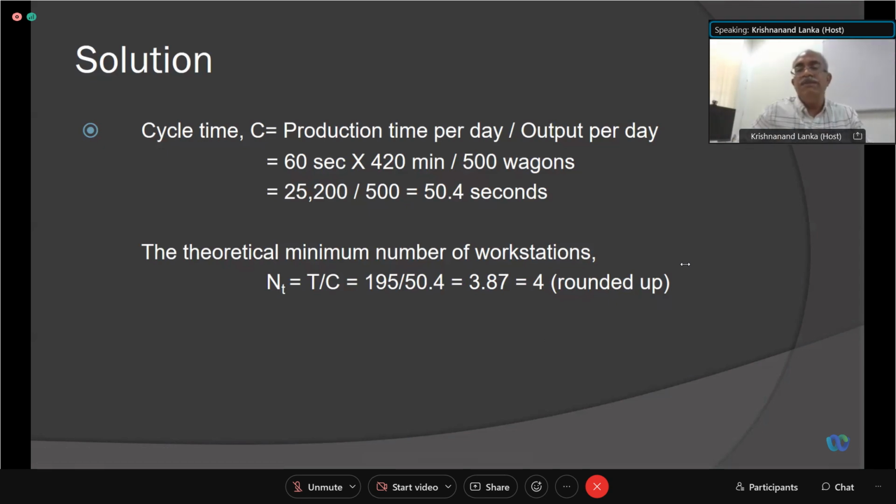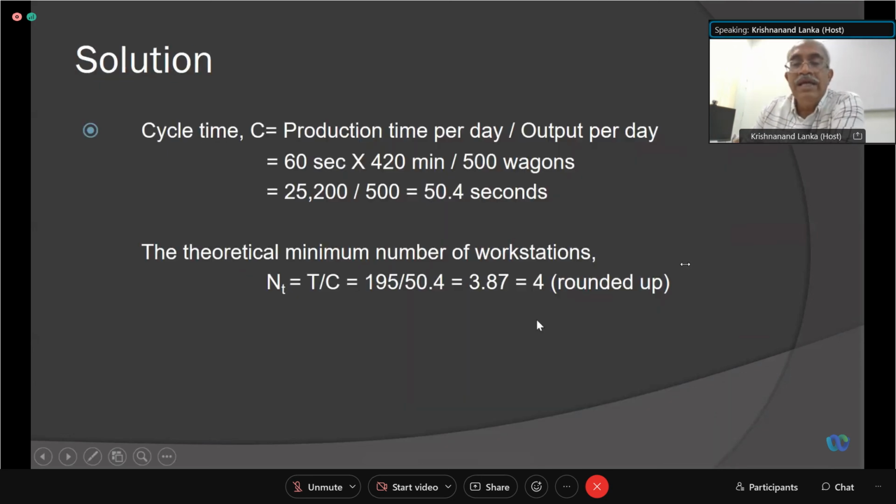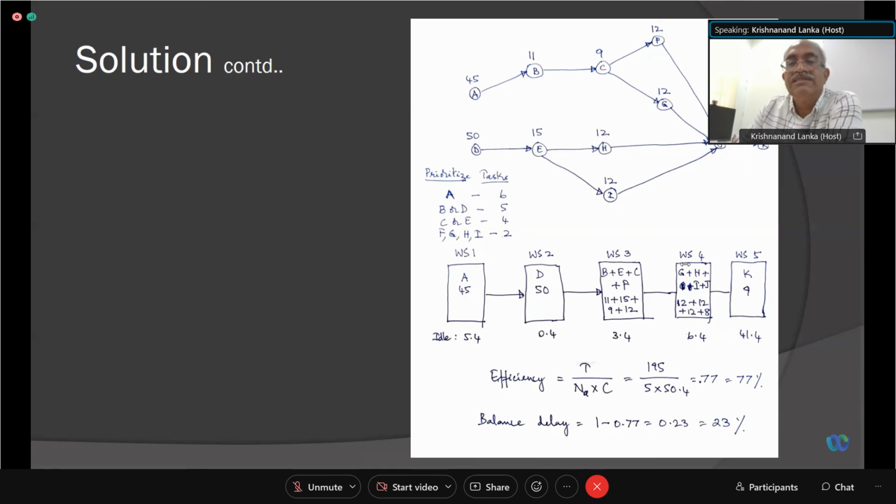So this is simple, but you have to assign. Whatever table you are seeing here has to be converted into a network diagram like this.